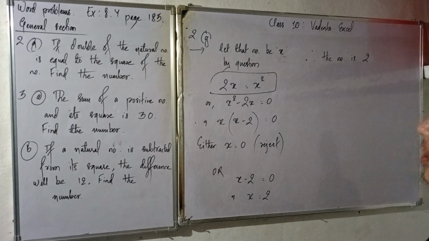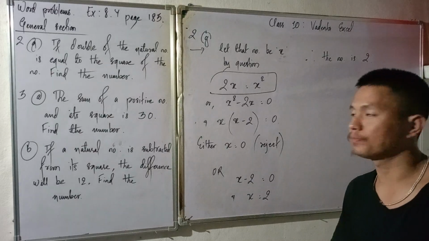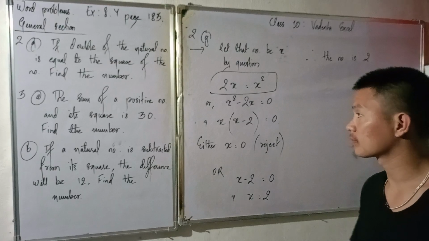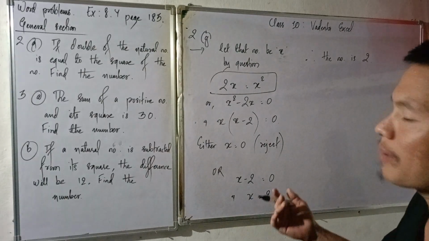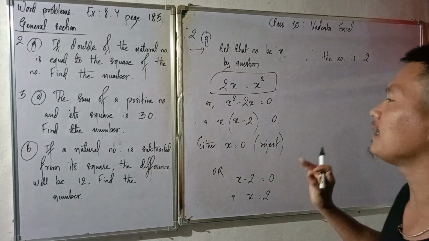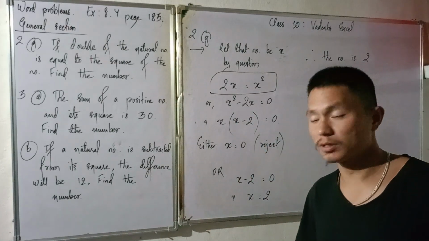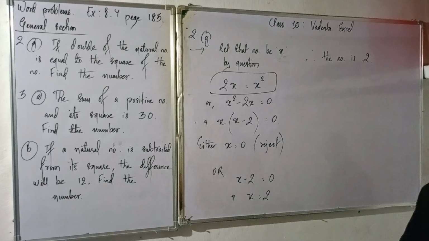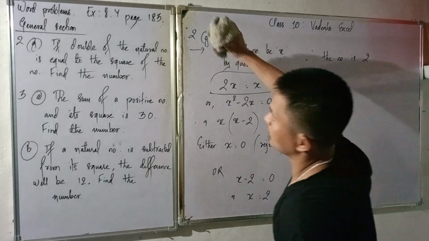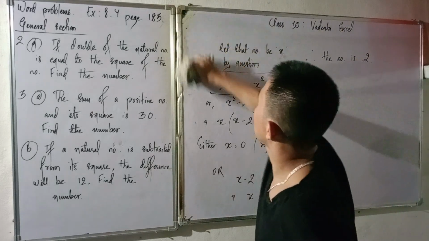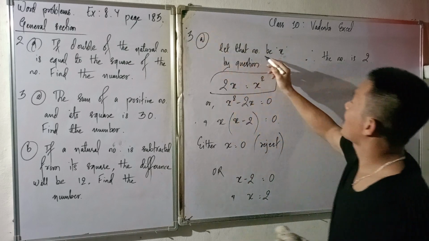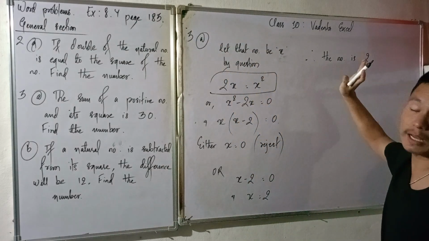Now let's move on to number 3a. The sum of a positive number and its square is 30. The positive number might be 1, 2, 3, whatever. Let that positive number be x, just like the previous one.